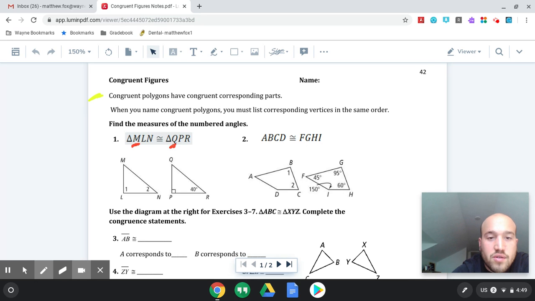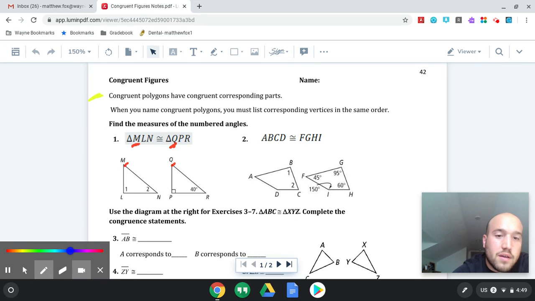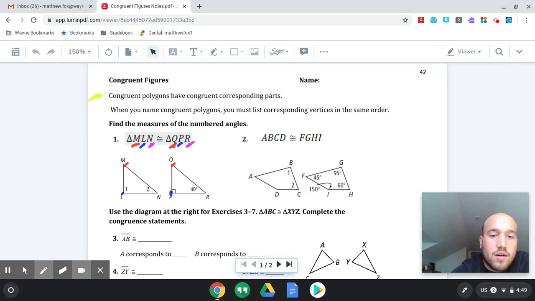It has to be congruent to angle Q, the first term of the second triangle. Now I'm just going to put a little red dot there so you can remember that. Now angle L was the second term, and it has to go with angle P, the other second term. So these will be the same. And then finally, angle N has to be congruent to angle R, because those are both the third term.